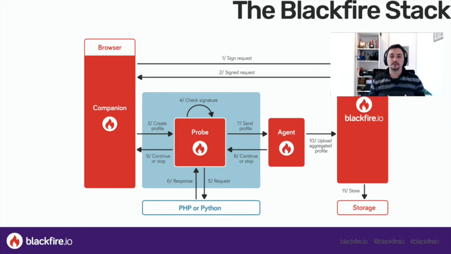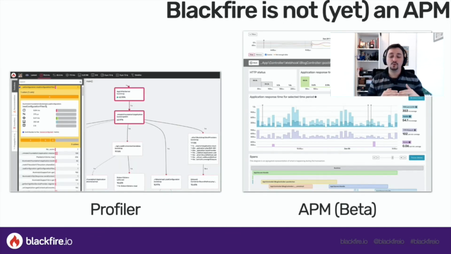So in order to reduce the payload sent to our servers, as well as to have a simpler whole graph view like the one here on the left-hand side, we simply remove all of the function calls that are responsible for less than 1% of the overall resources consumption, because those calls are going to be insignificant. They're not going to be useful for you to optimize the performance of your application. By doing that, we reduce the amount of data, and we reduce the noise on the call graph.